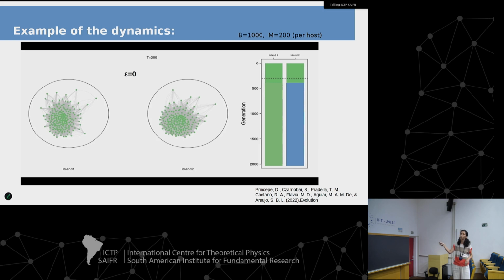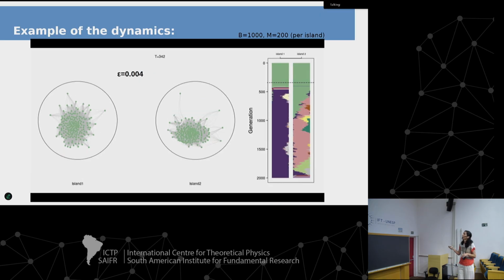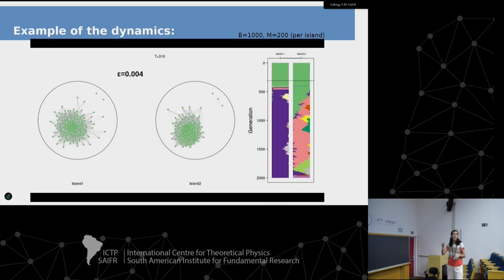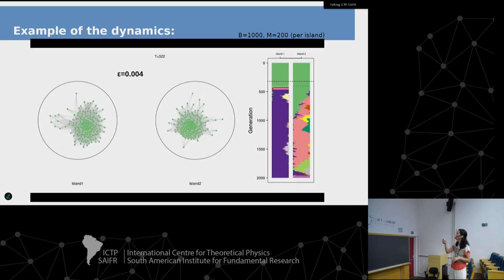Actually, maybe it should be two new colors just because they are different, but to save colors, I decided just to highlight that I have one speciation event. So for one island, I keep the same color, and the other just changes color. So here is just an example of how it works.